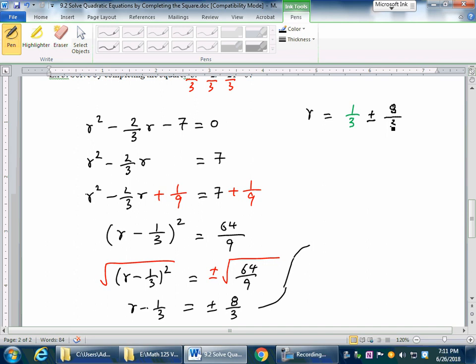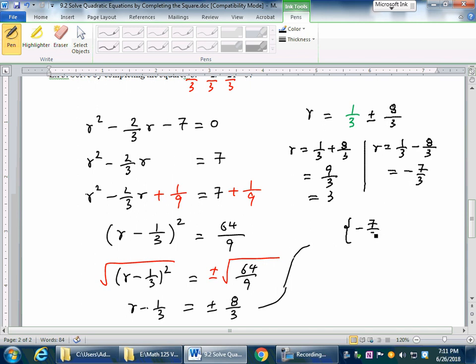So now we see that r is equal to 1/3 plus 8 over 3, or r is equal to 1/3 minus 8 over 3. So we got 9 over 3, which is equal to 3, or negative 7 over 3. So I have two solutions, negative 7 over 3, and then what? 3 is my final answer.